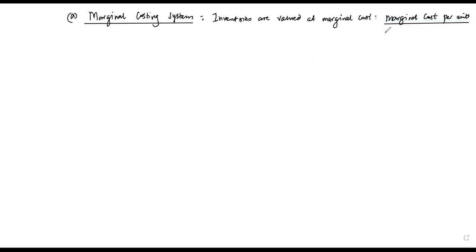Now, when we are coming up with the marginal cost per unit, we have to look at the direct labor. We have to add the direct materials. We have to add the direct expenses, if any.